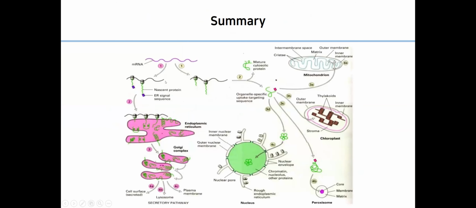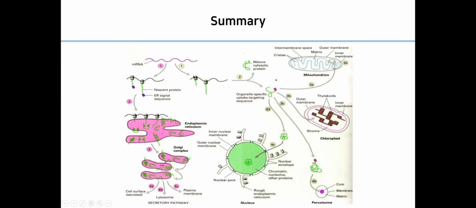So in summary, in the cytosol, the nascent protein is translated, and if it has the signal peptide binding to the SRP, it follows the secretory pathway. It can be secreted out of the cell, or it can be embedded in the plasma membrane following this biological transport.